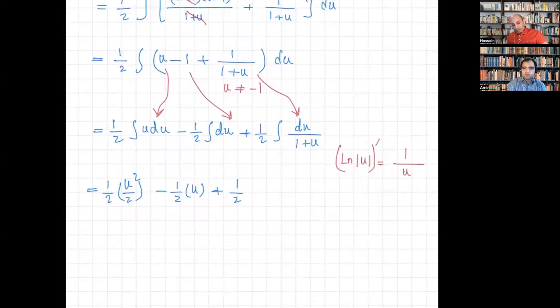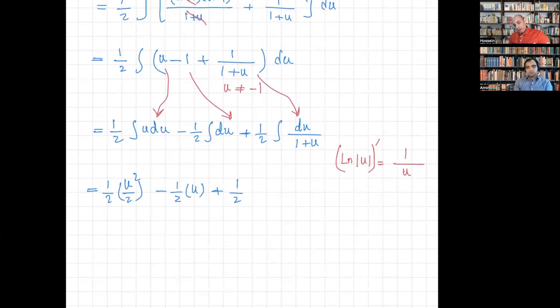So for the third integral, a more comprehensive approach is to assume that 1 plus u is equal to t. You do another change of variable, but since it's very easy, you can just do it right away.